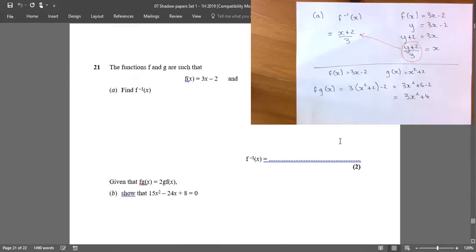And the right-hand side says 2 lots of g of f of x.